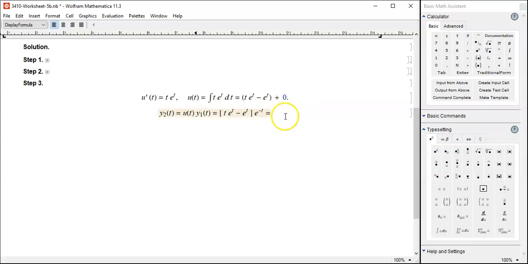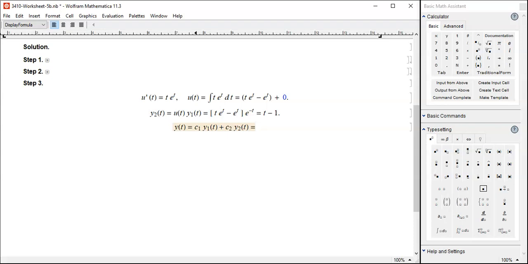So what do you get? Distribute e to the negative t minus 1. Yeah, that's what I'm getting. y2 is t minus 1. Okay, good. The general solution, therefore, is c1 y1 of t plus c2 y2 of t.